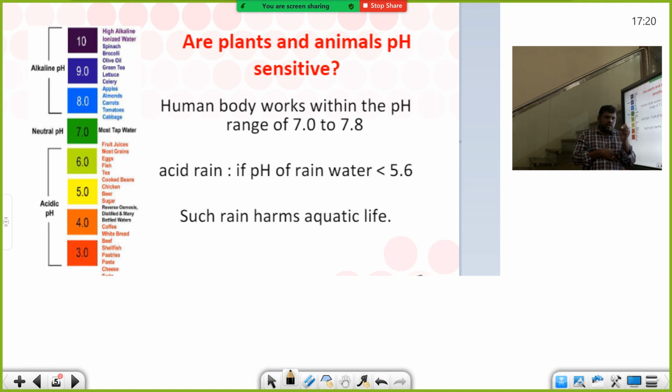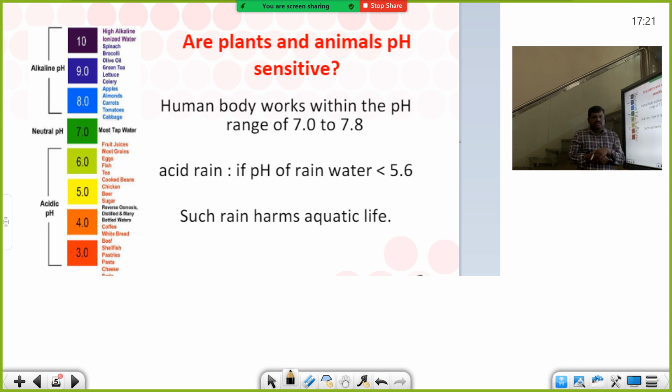A pH value less than 5.6 is more dangerous, and a lower pH indicates stronger acids. If the pH of rainwater is less than 5.6, it is more dangerous to the ecosystem and our aquatic life.